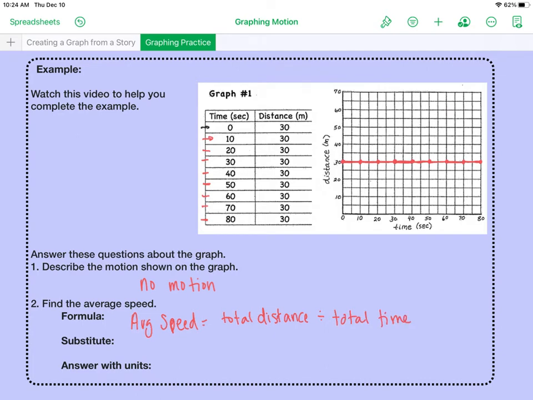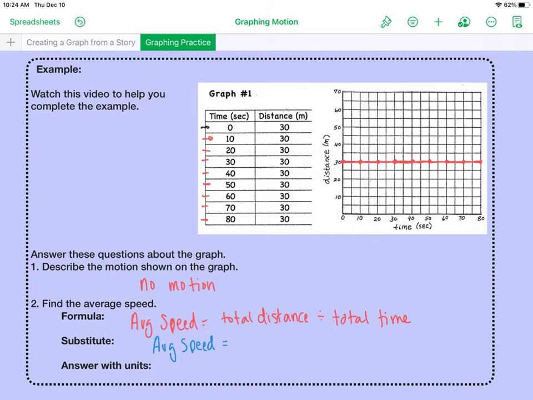So now we need to figure out what we substitute. So I need to find what my total distance is and my total time. So we're going to start with our total distance first. So average speed equals, I'm going to find my total distance.